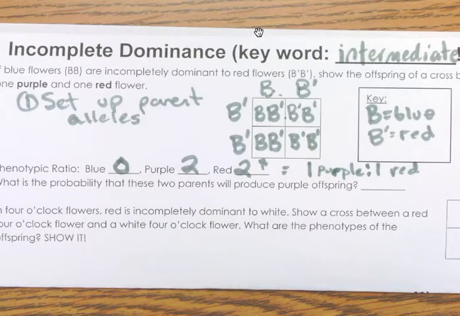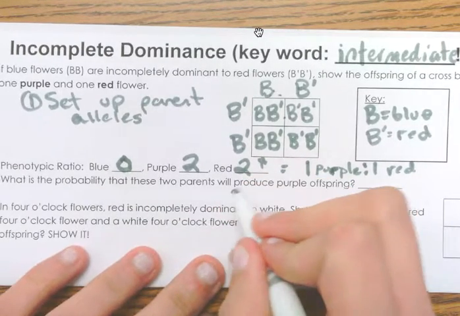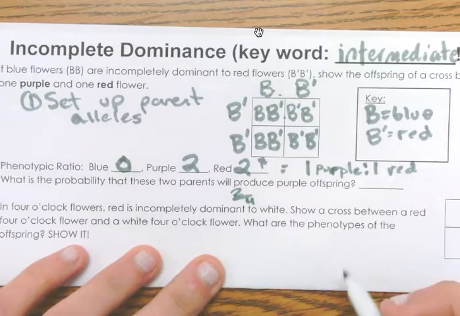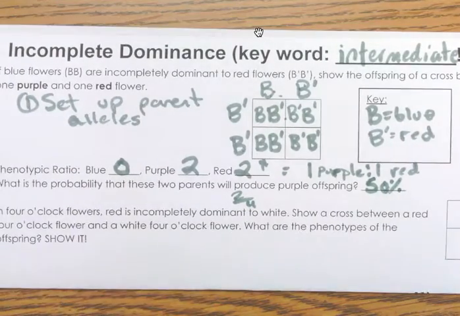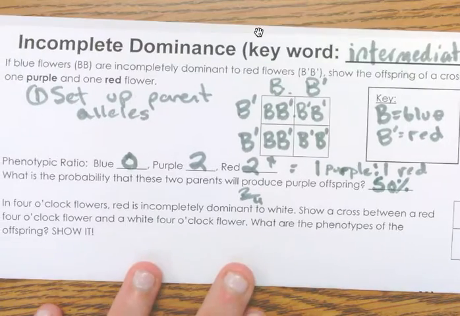Alright, what's the probability that these 2 parents will produce a purple? Probability can be written as a percentage. 2 out of 4, if you get 2 out of 4 questions right on a quiz, you got 50%. So there's a 50% chance that any one of their offspring will be purple.